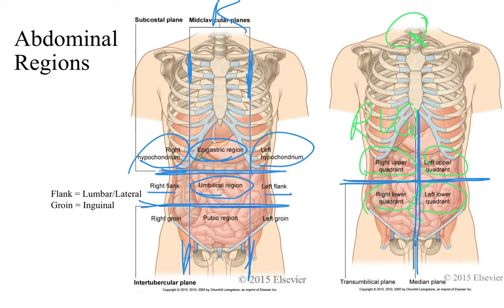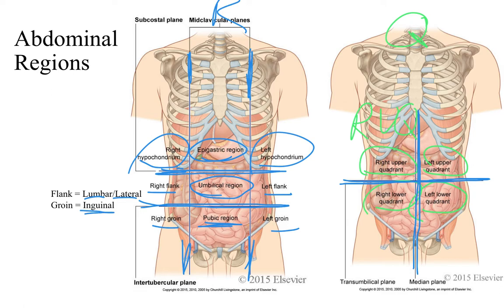Left flank, right flank, and the flanks can also be referred to as the right lumbar or right lateral region. Those may be used interchangeably depending on what resource you're using, and I may use them interchangeably as well. And then down here we have the pubic region in the middle, and then the right groin and left groin. The right and left groin are also known as the inguinal regions, so right and left inguinal regions.